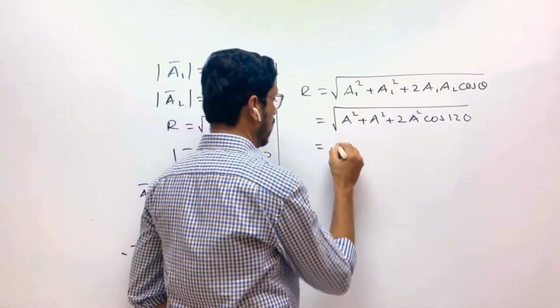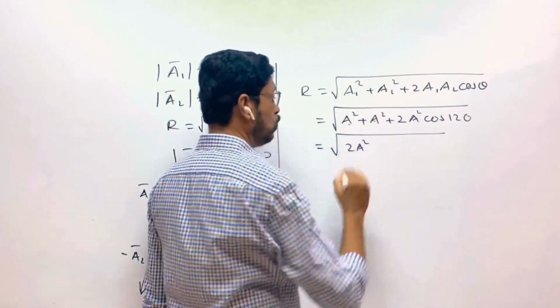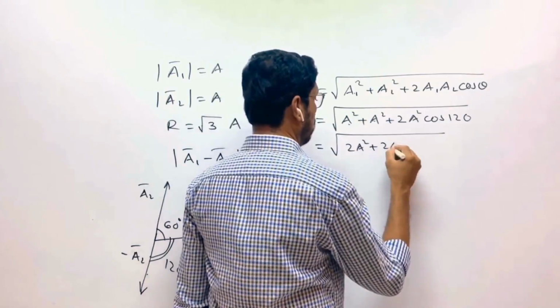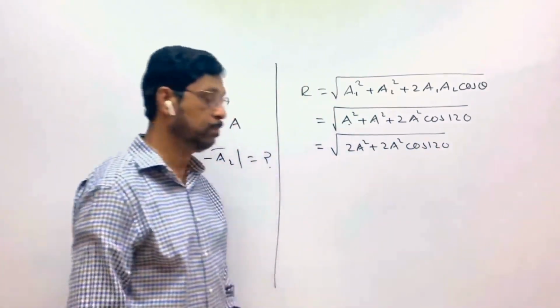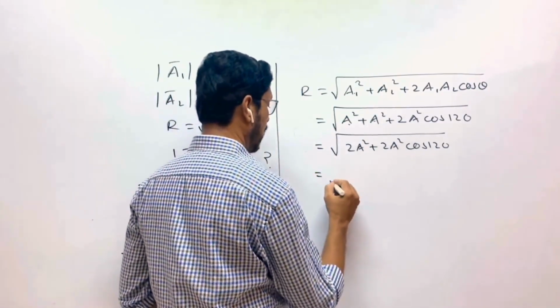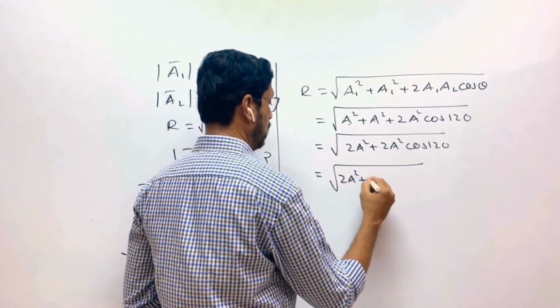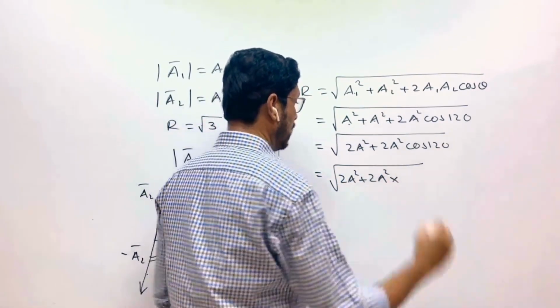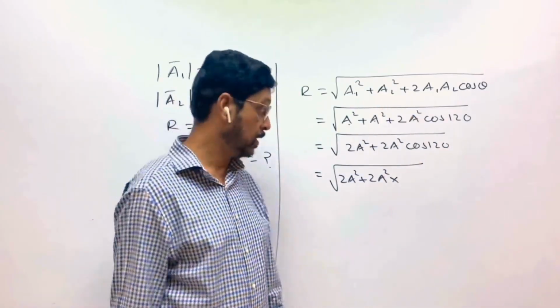That is equal to under root 2A square plus 2A square cos 120, right? That is equal to under root 2A square plus 2A square into, how much is cos 120?